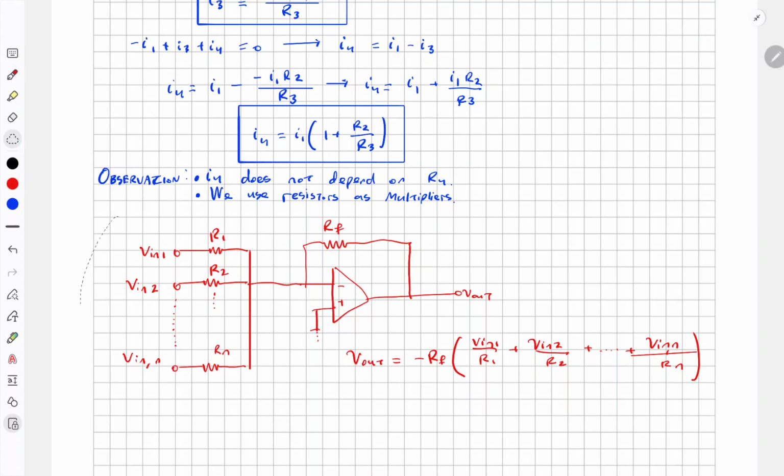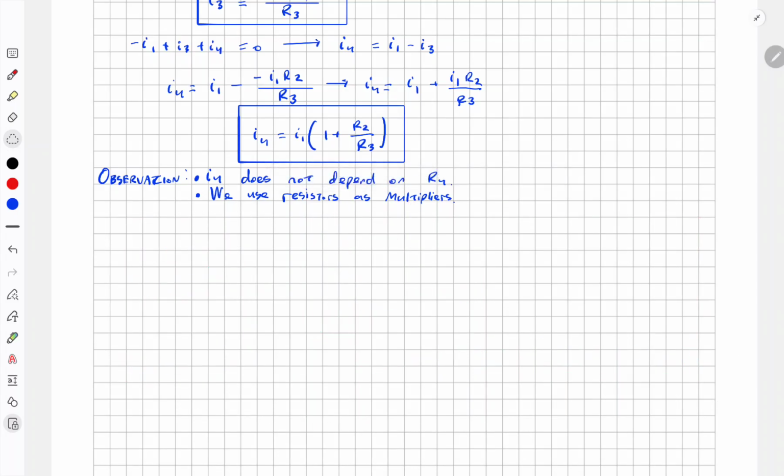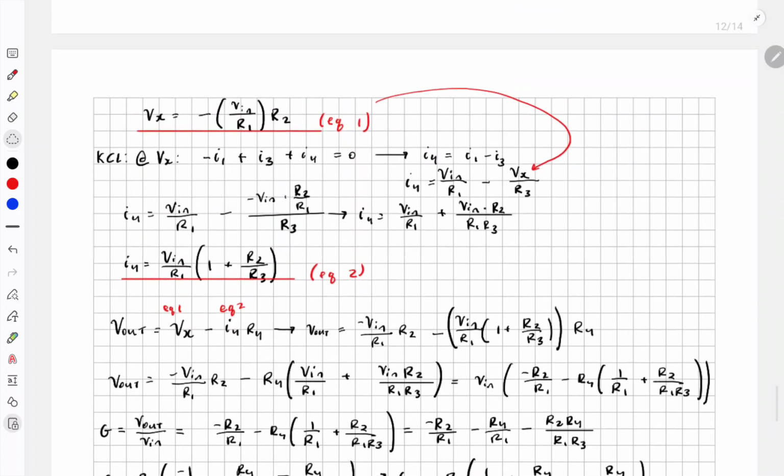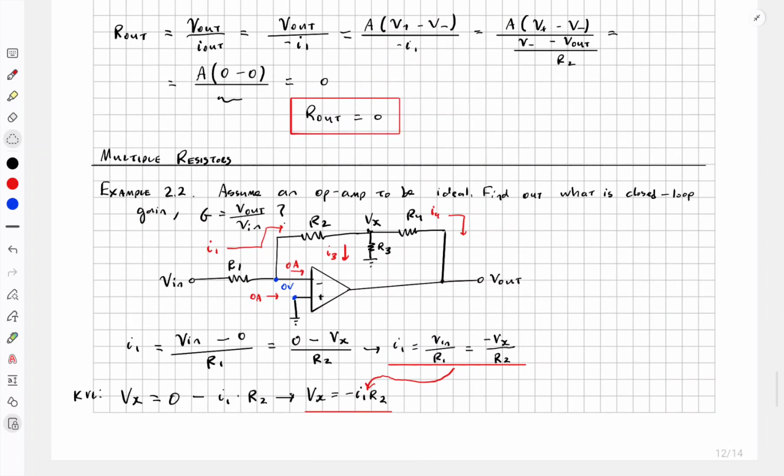So that will come in a later example. But for now, for this specific circuit, the other observation to realize is that I4 does not depend on the value of R4, which is kind of fascinating.